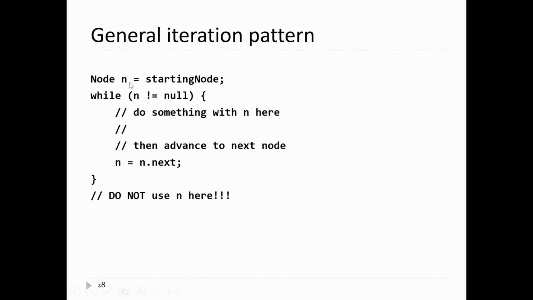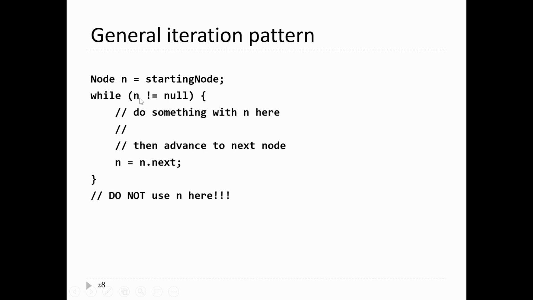So you start out with a node n, and you set that to refer to whatever starting node you want. Normally we're going to start at the top of the stack, but you might want to start somewhere else, maybe somewhere in the middle for some reason. So n points to the current node, starting at the starting node.